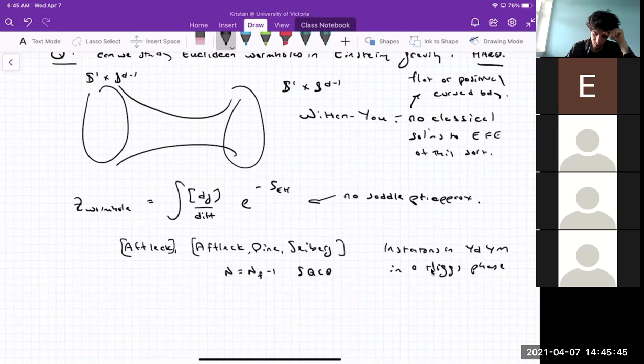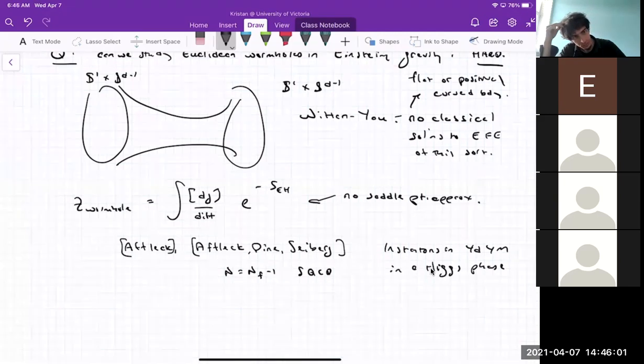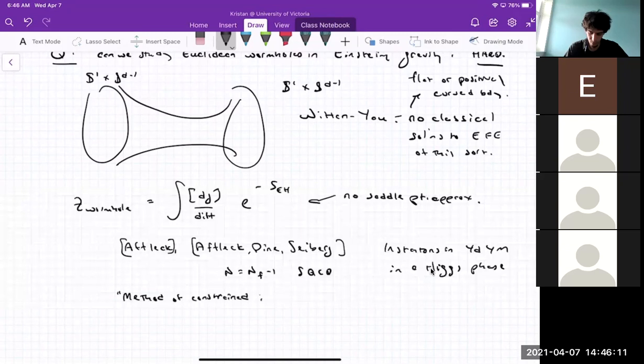If you were to zoom in on distance scales much smaller than the inverse Higgs VEV, then you would see the usual instantons. The thing is that the instanton is no longer an exact solution. It's only an approximate solution to the field equations. And there's some method to deal with this that goes by the name of the method of constrained instantons.